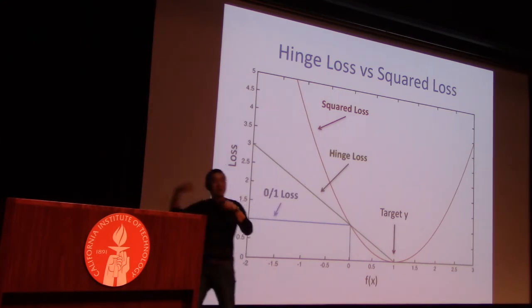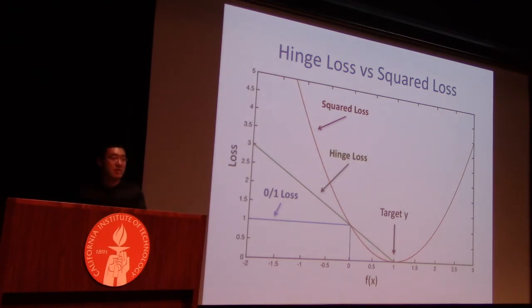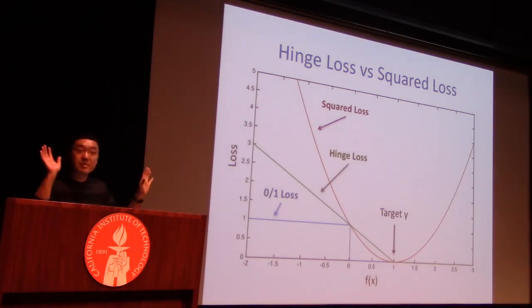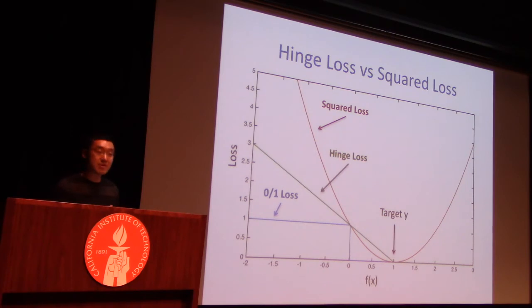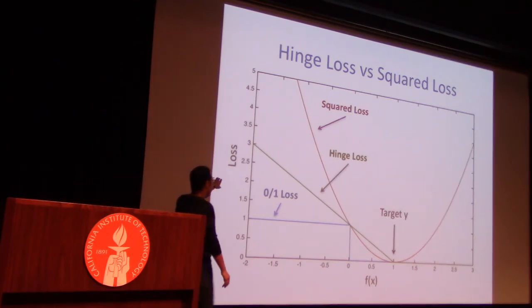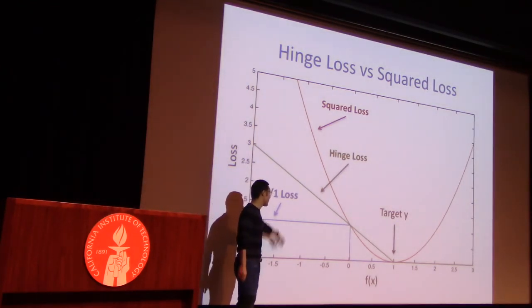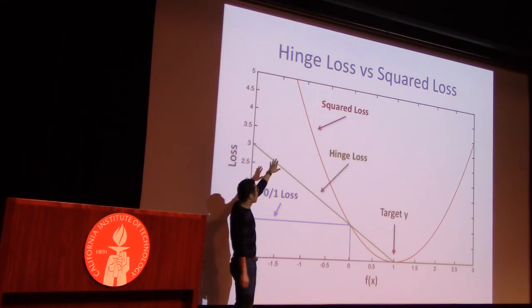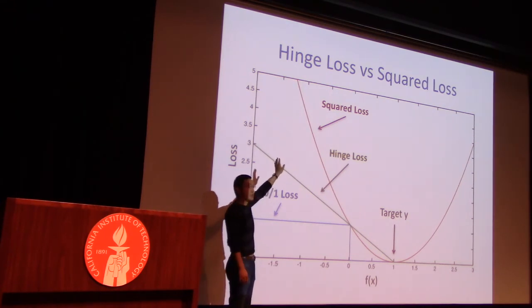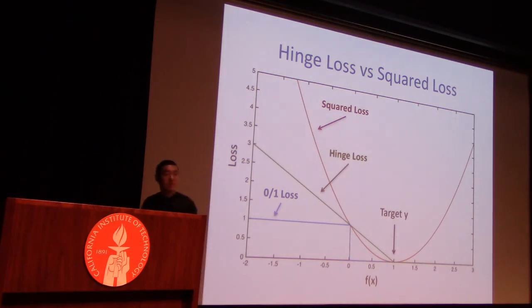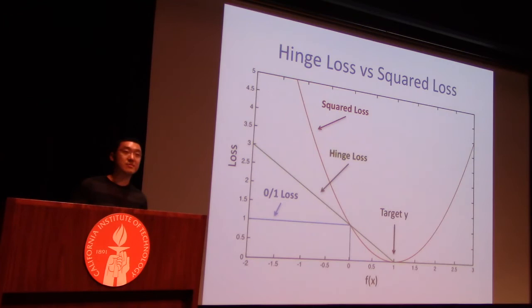So if you have random outliers in the data, say some data point's sign got flipped randomly for whatever reason, so it's an outlier in your data set, then the amount of penalty you pay for that data point is only going to scale linearly with how badly your model misclassifies it. Whereas squared loss is much more sensitive to outliers in your training set than hinge loss is.